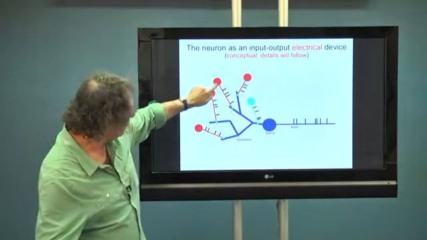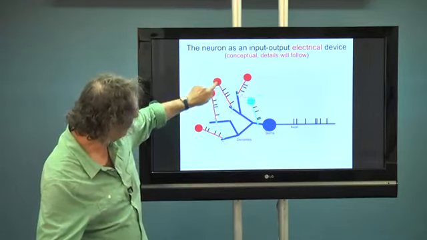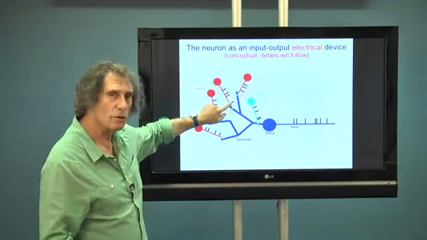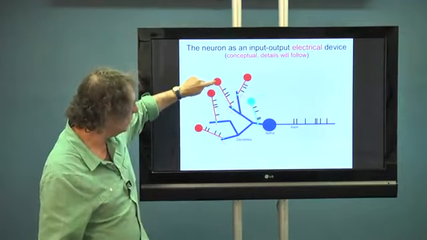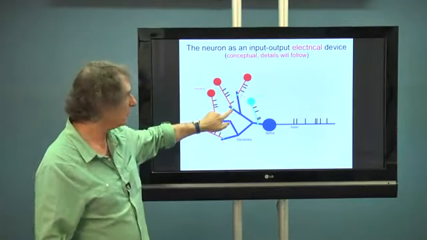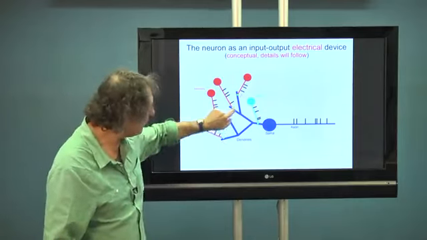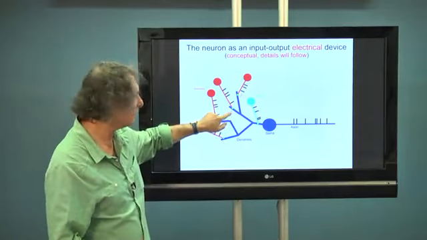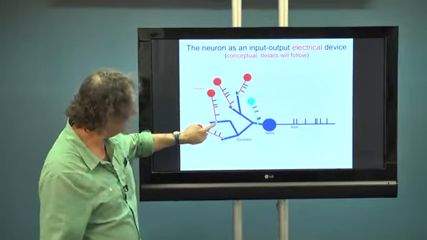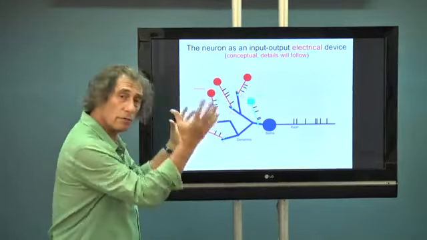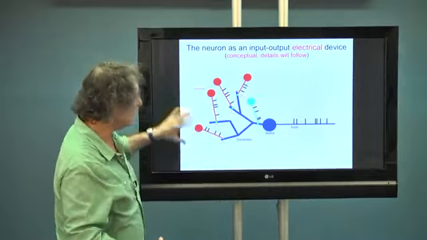So you see that there are these signals here. These are the signals that we shall discuss a lot, called action potentials. They carry information from the red cell into the synapse. In the synapse, there is another voltage, another potential that is called synaptic potential. And all of them together sum.